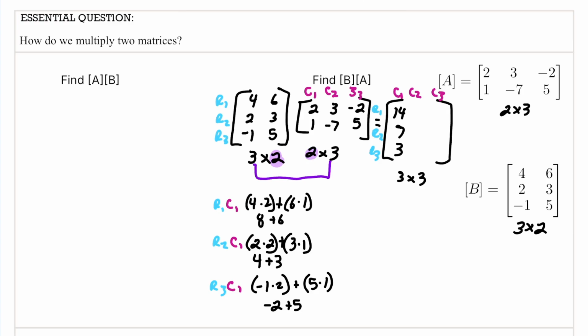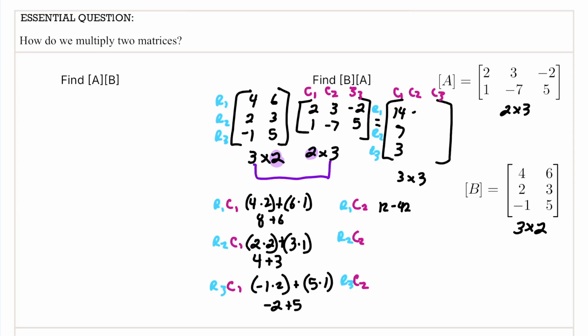Now we'll do the same thing with column 2: row 1, row 2, and row 3. So these I'm just going to say out. So we'll go row 1, 4 times 3 is 12. 6 times negative 7 is negative 42.